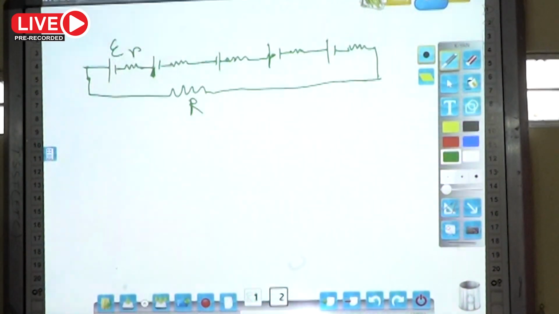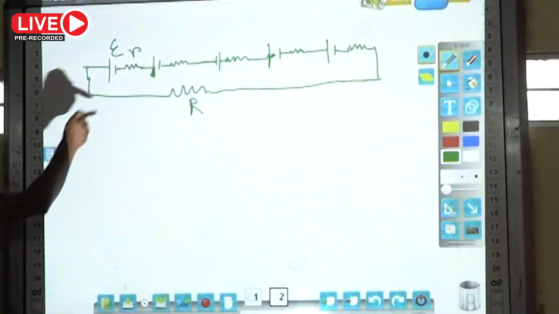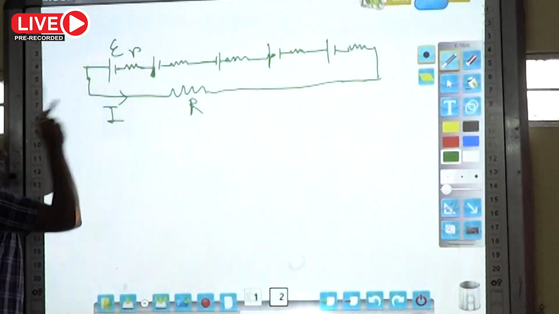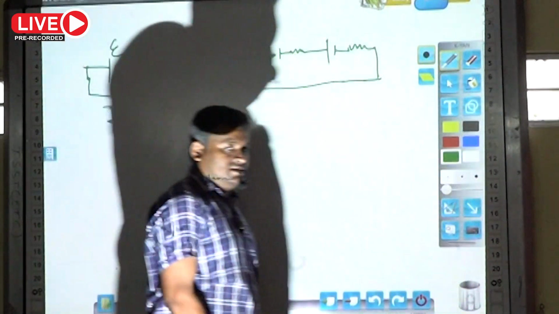All are identical, EMF E and internal resistance small r and external resistance capital R. There are total 5 cells connected. What will be the expression for I? That you have to write.